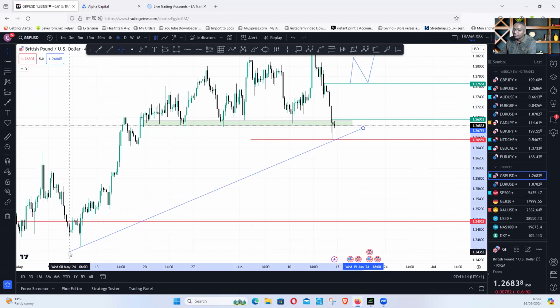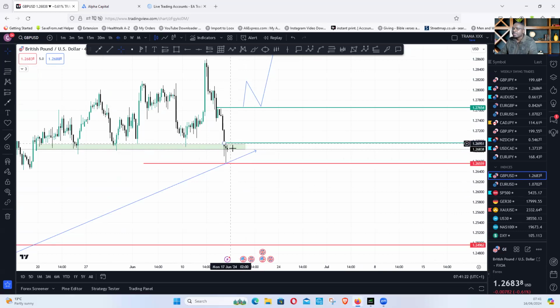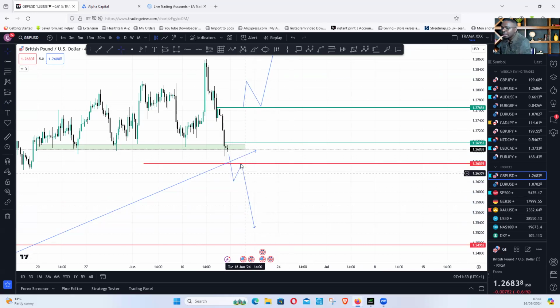So I'll just leave that trend line right there, anticipating that if it breaks and drops below before the market opens, I'm going to look for a retracement. That means I'm going to be looking for price dropping below, retracing, and then continuing to the downside. So that's what I'm looking at on this pair.